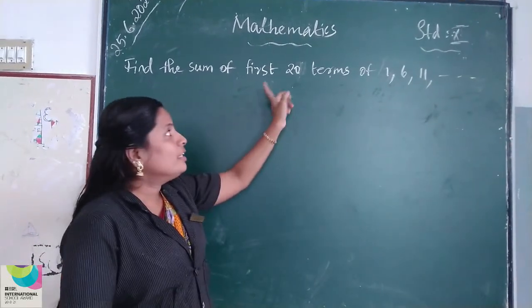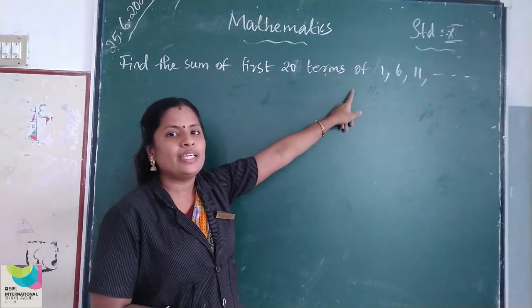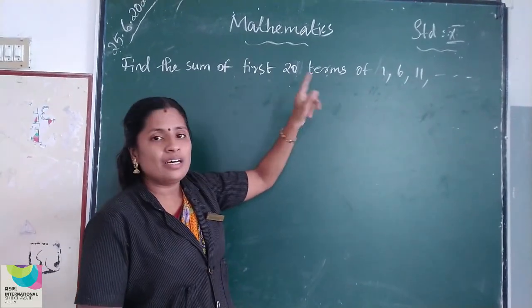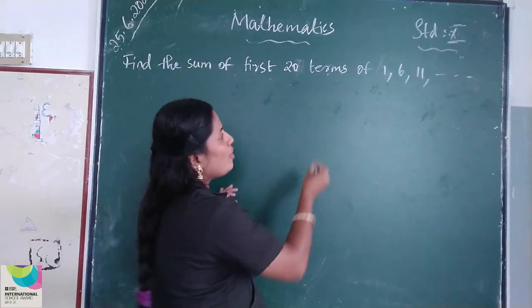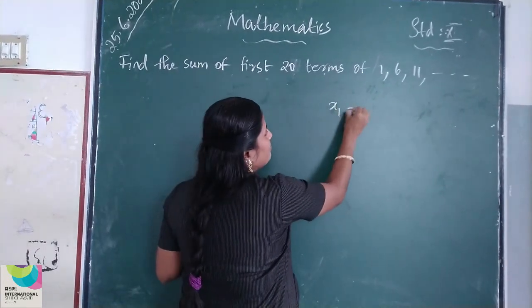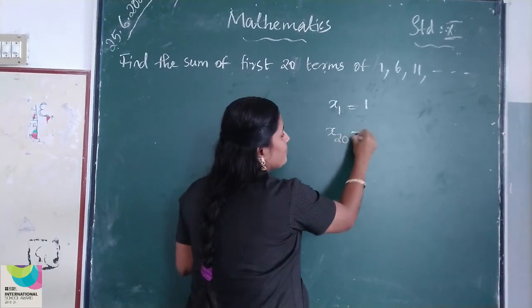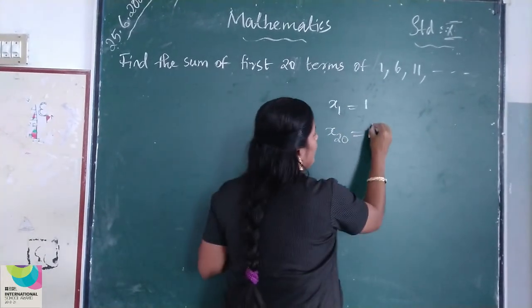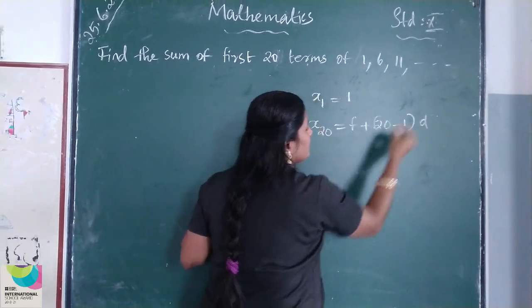Here we have to find out the sum of the first 20 terms. So the 20th term is the last term of this sequence. The first term x1 is 1. Then x20 equals f plus (20 minus 1) into d.